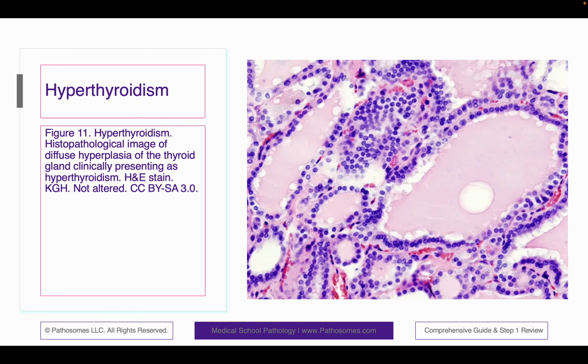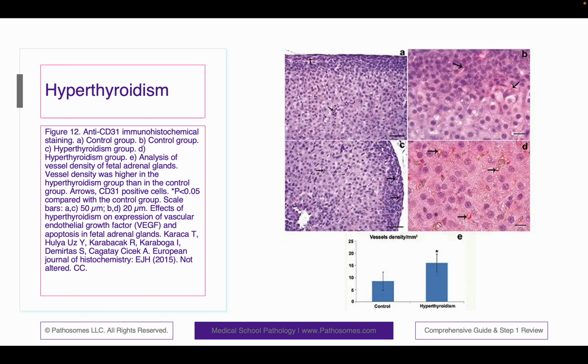And again, now in this image, we have anti-CD31 immunohistochemical staining in a control group as well as in a hyperthyroidism group. Note that this is trying to showcase there's an increased density of vessels with the hyperthyroid group, right?